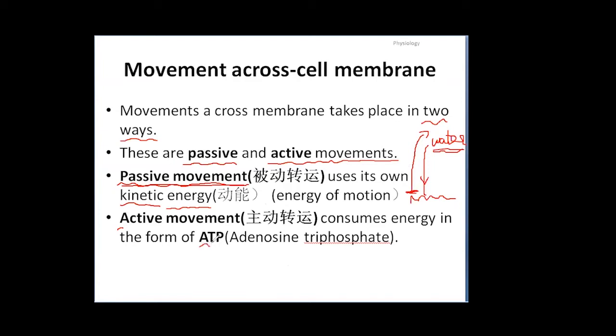The energy inside the cell we call ATP. ATP comes from our nutrition, usually directly from sugar, like in the video we saw. If for this kind of movement we need to specially use energy, then we can do it. That kind of movement we call active movement.